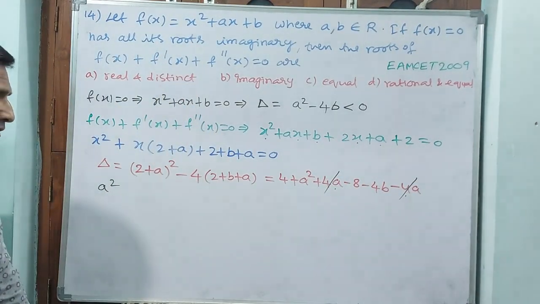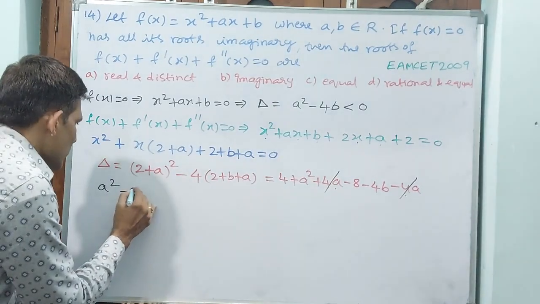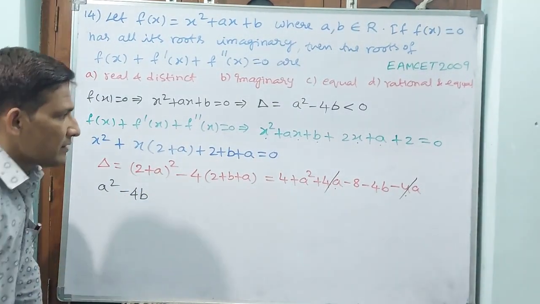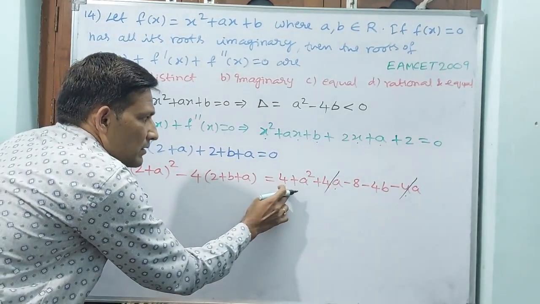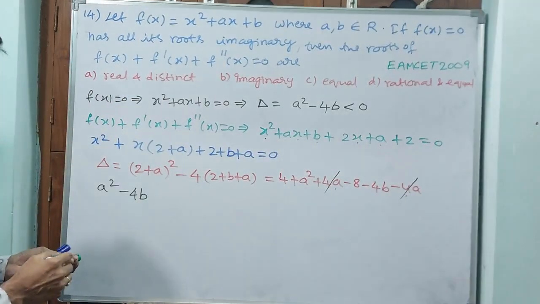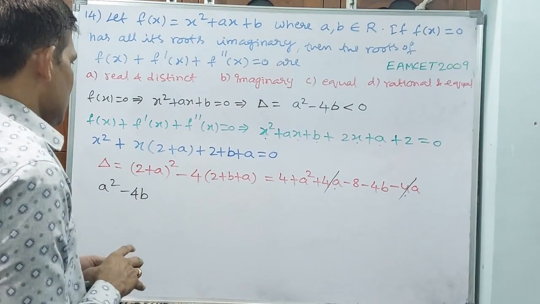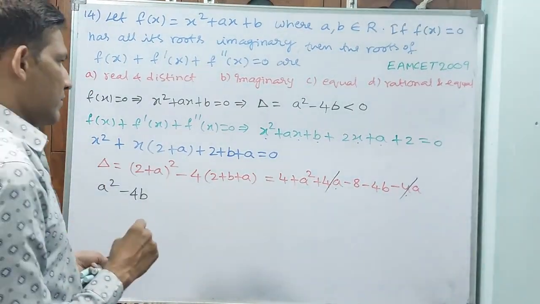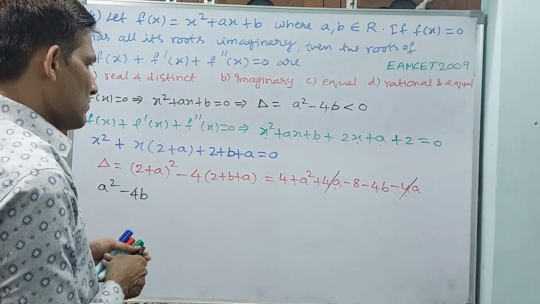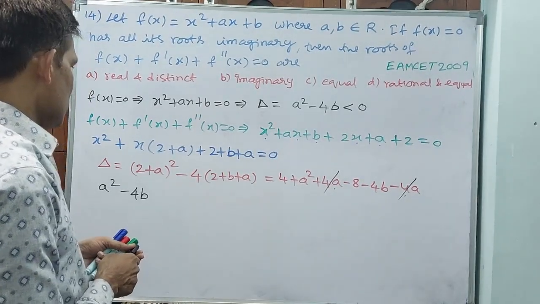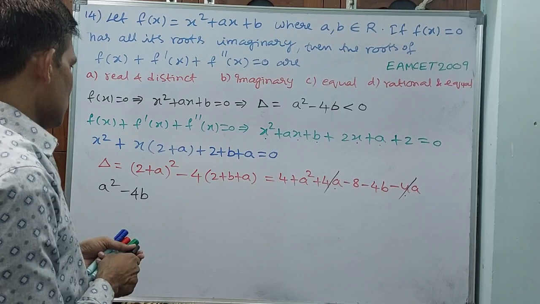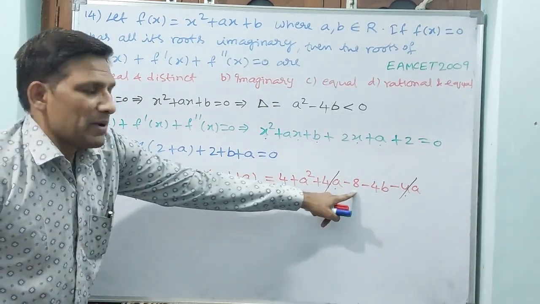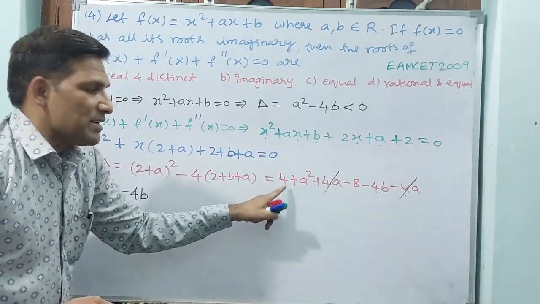Minus 4b, write down minus 4b. That means a is not there. Minus 4 plus 8, minus 8 plus 4, minus 4.